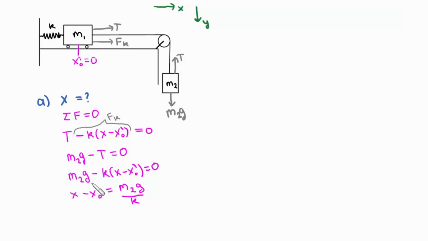If my spring isn't being stretched or compressed at the origin, 0, then this becomes 0. So my x, which is what I'm looking for, my point of equilibrium, is going to be m2g divided by k.